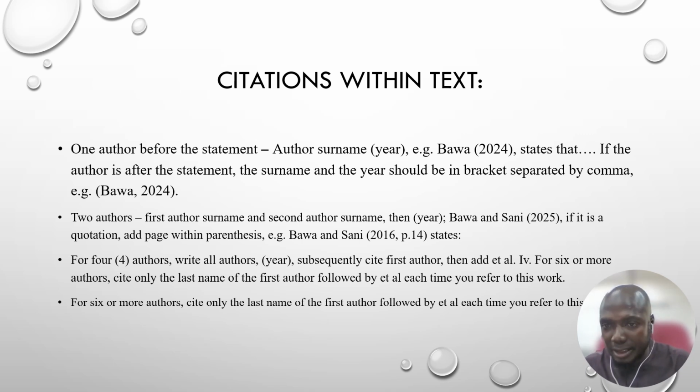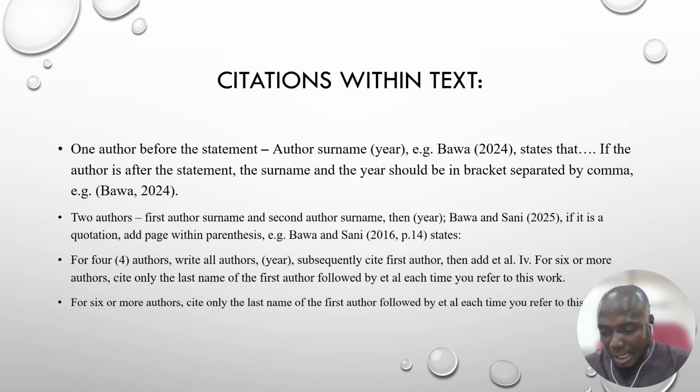For example, then you say Bawa 2024, or Bawa in brackets 2024, found that most of the students that wrote projects have good understanding of the project writing format, or most of the students don't have good knowledge of project writing.